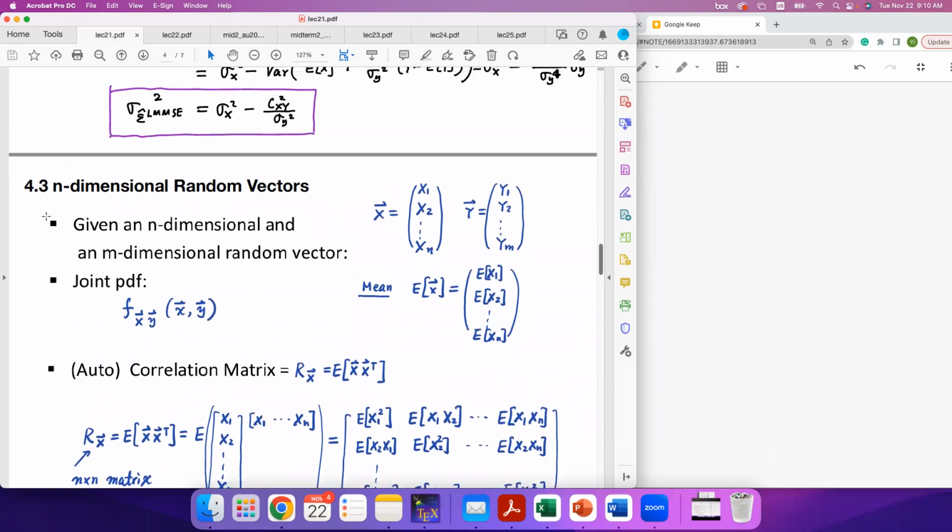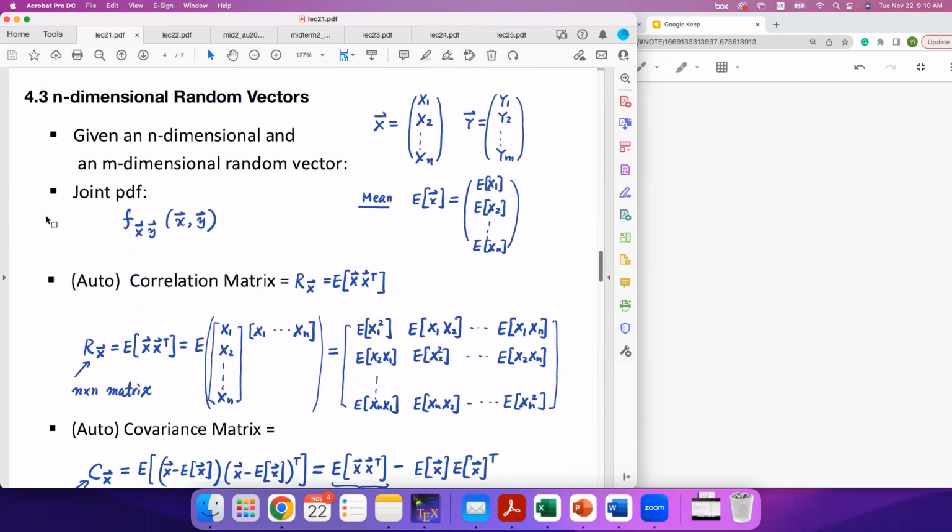So we'll continue the discussion from last time, where we started to get into the higher dimension space. We are talking about n-dimensional random vectors. Now everything is pretty much the same, except that now every x represents a vector of random variables.